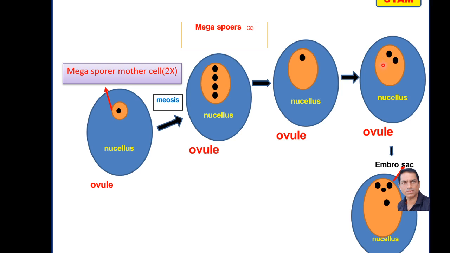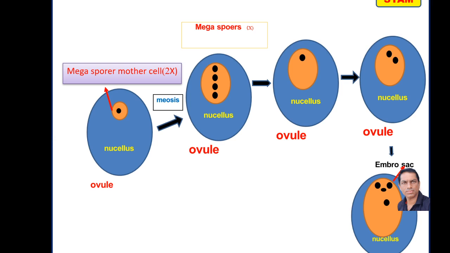These two nuclei are present on the micropylar side. These two nuclei again undergo mitosis and form four nuclei, which are present only on the micropylar side.